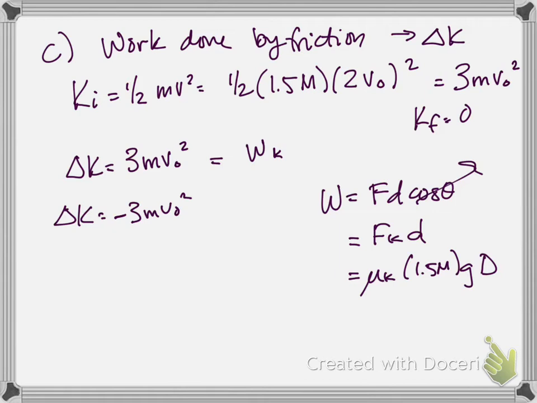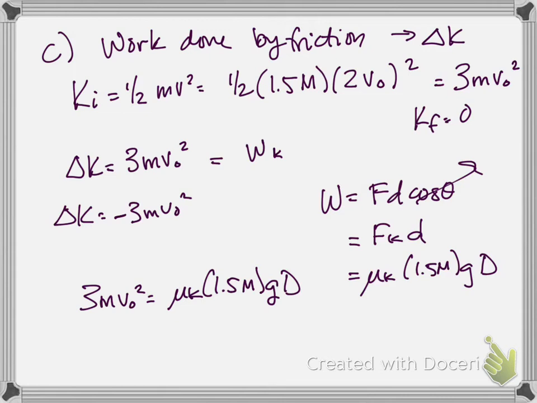So what we end up with is the change in kinetic energy is equal to the force of friction, which is mu K times the normal force, times the distance. Technically, they should both be negative. The change in kinetic energy is negative, and the work done is negative because the block's moving to the right, but friction is acting to the left. I'm going to get rid of all of that.